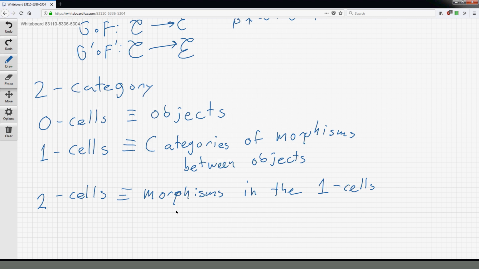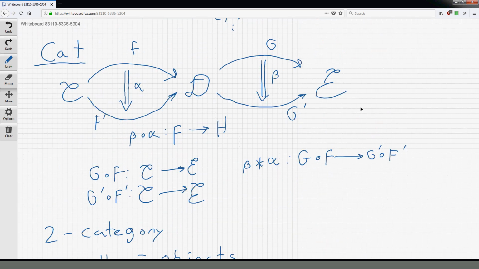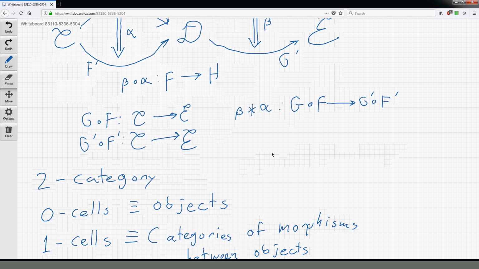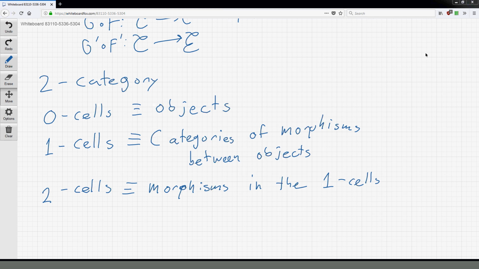The two cells could be anything. They don't have to be morphisms in some category. The one cells don't have to be functors or whatnot. But I just thought I'd point out that a lot of the concepts that exist in the category of categories that we're going to be discussing quite a lot do apply to an arbitrary two category. So that's it for today.